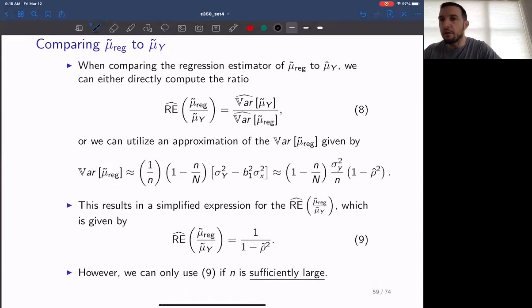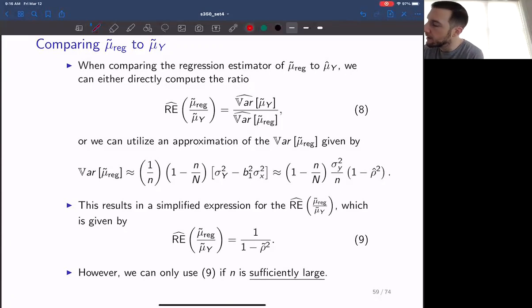So it would follow that we might be interested in comparing the efficiency of the regression estimator to the simple random sampling estimator. You can see here that we're really using the SRS approach as sort of the baseline approach for finding an estimate of that value of interest. Okay, so the setup for this is effectively the same as it was before. So when we compare the regression estimator to the simple random sample estimator for the population mean, we simply have a ratio of the variances.